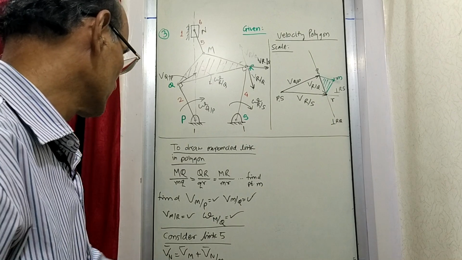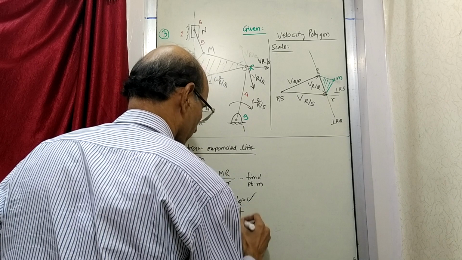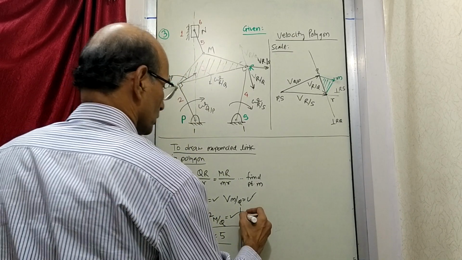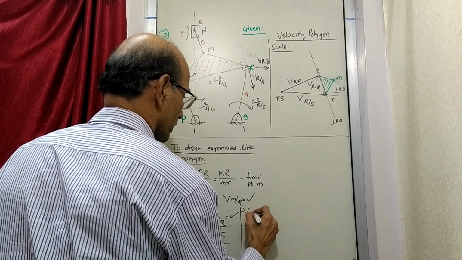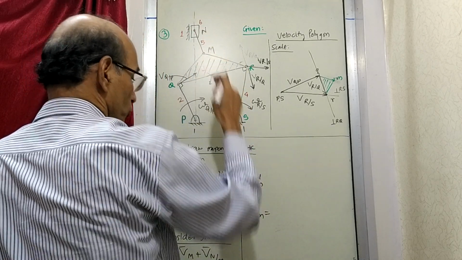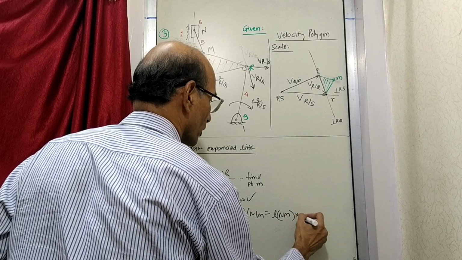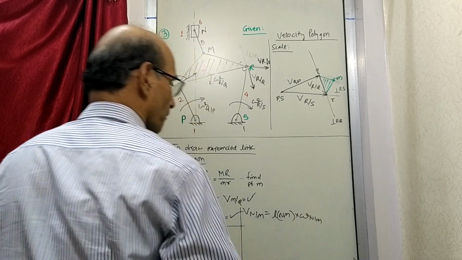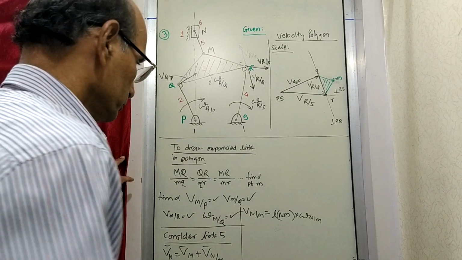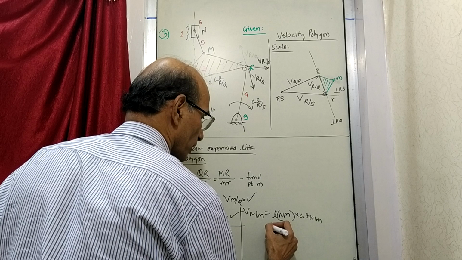And then the vectors. Velocity of N with respect to M. So when you write this, now like last time, we'll have to write something similar. Velocity of N with respect to M is length Nm multiplied by angular velocity of N with respect to M. Now out of that, this is not known, so magnitude we don't know.